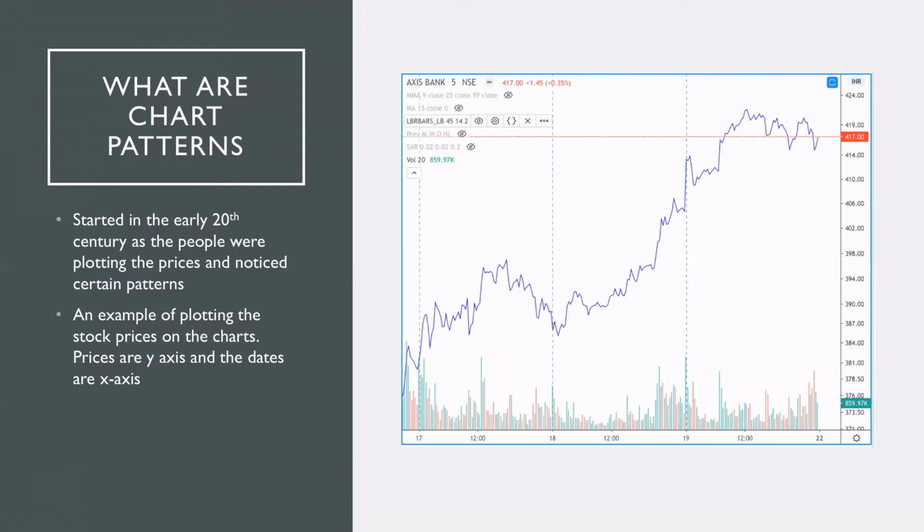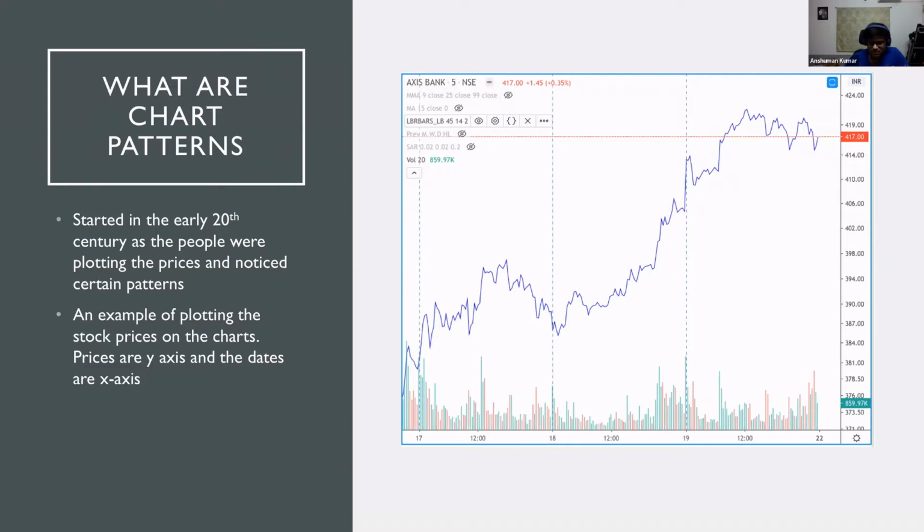So the earliest example of chart patterns was in the early 20th century, and this was basically from USA. The earliest example of this was in the 1920s. There was a person by the name of Richard Schumacher who actually pioneered this particular field of analysis.